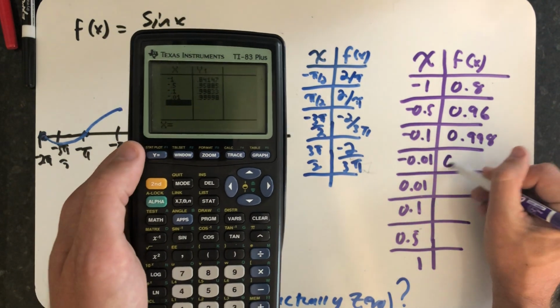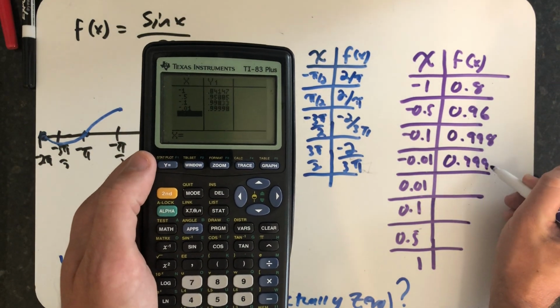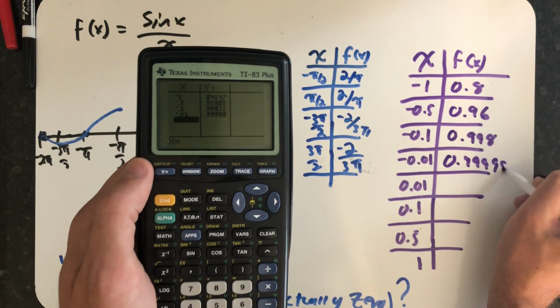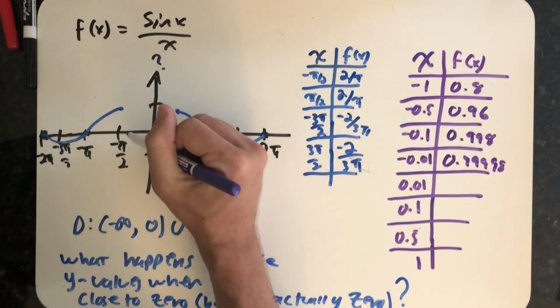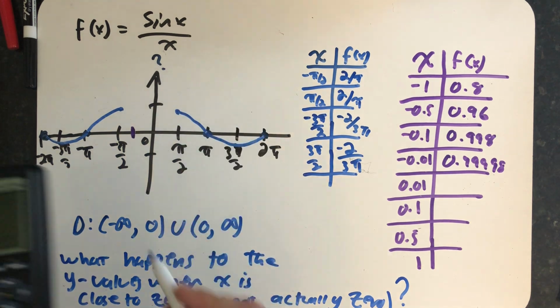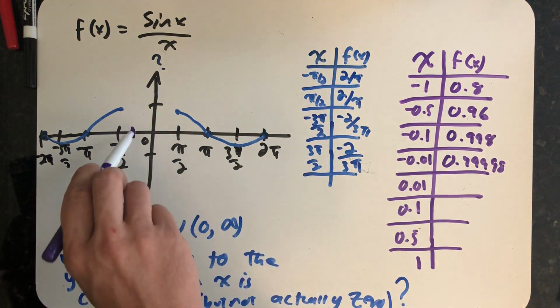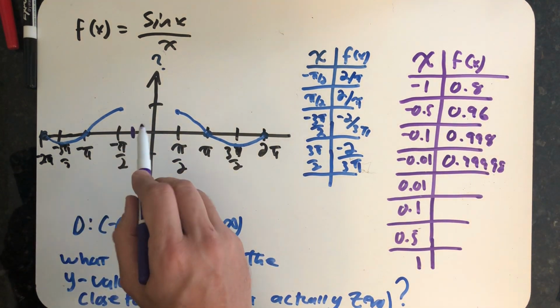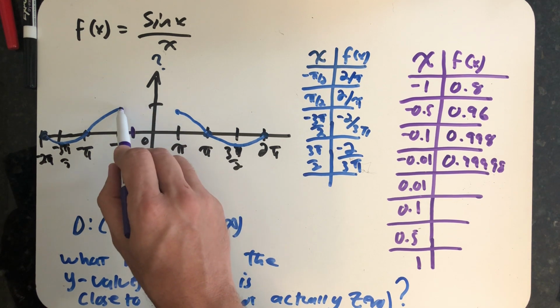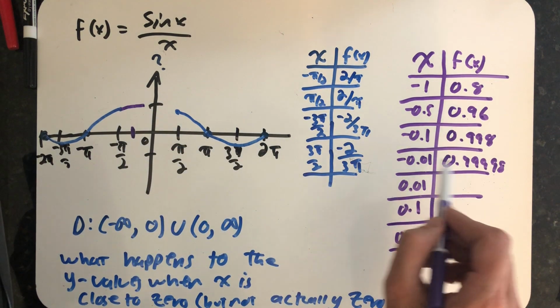All right, and I think I see what's going on. So minus 1 would be about right here, and that's about 0.8. And as I get closer and closer to 0 here from the left-hand side, it looks like I keep getting closer and closer to 1.